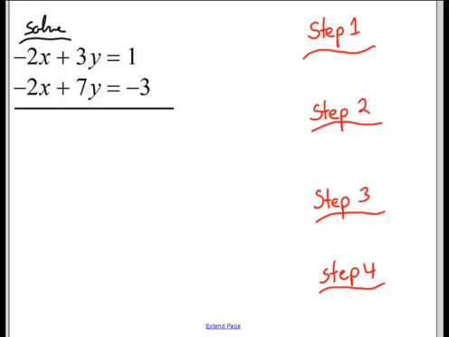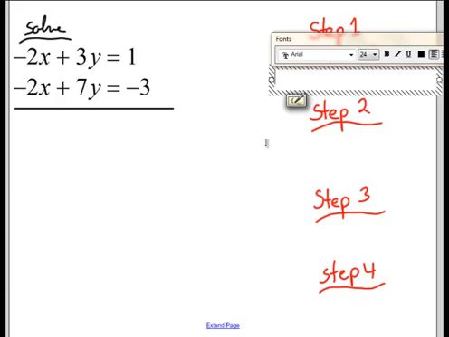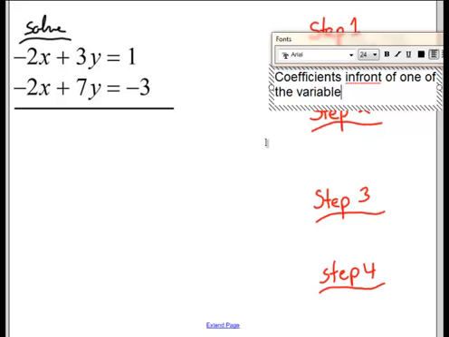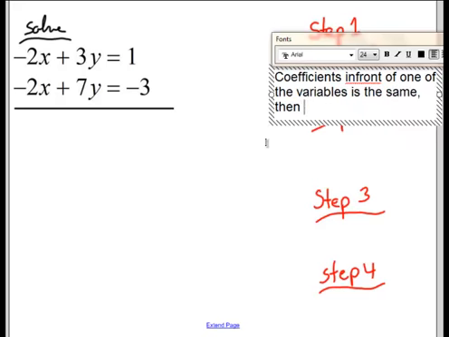So step one is we're going to make sure that the coefficients in front of one of the variables are the same. Then subtract the equations.